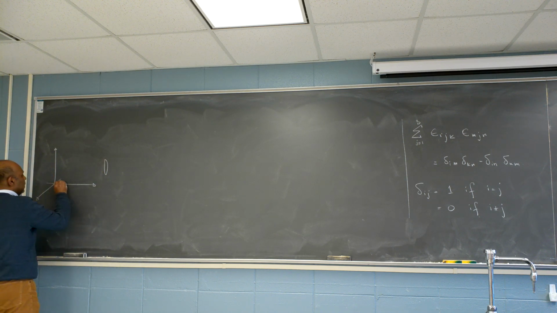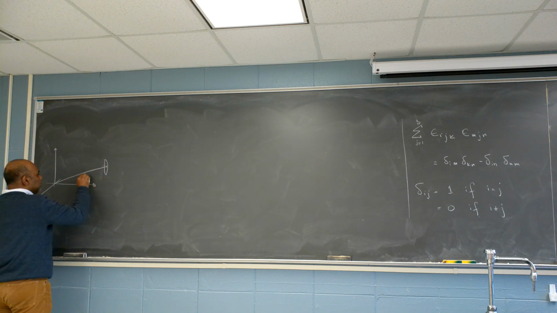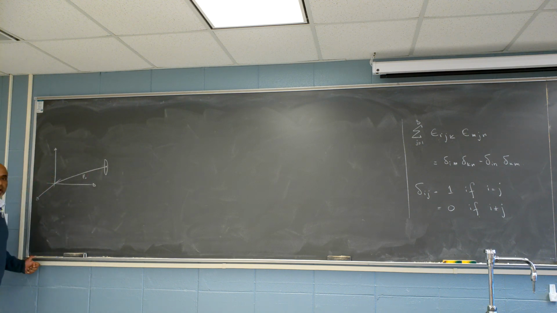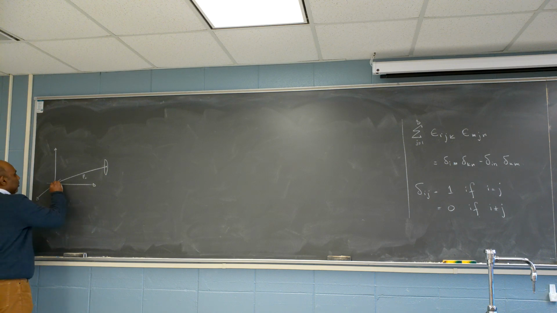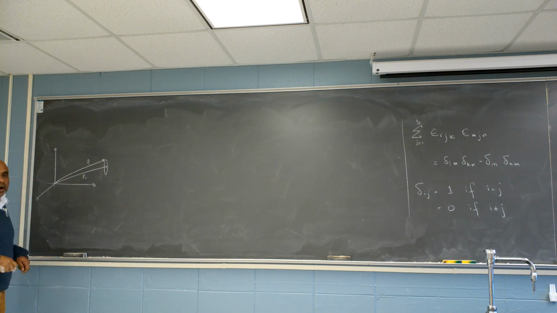So I'm going to locate the dipole by some vector, the origin by some vector r0, and then the actual point on a dipole by some vector r. r0 locates the center of the dipole. So what I need is B at the point r.